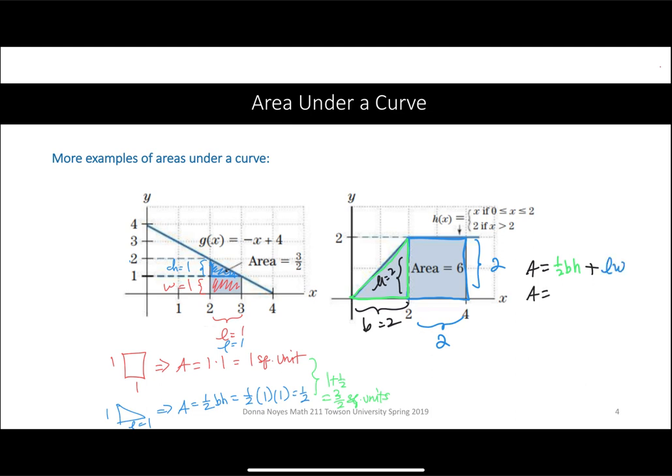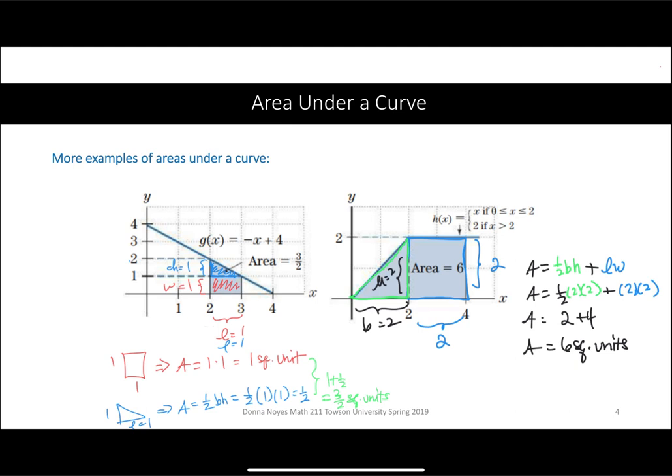So what we find is our area is 1/2 times 2 times 2 plus 2 times 2. So in the end, we end up with 2 plus 4, or an area of 6 square units.